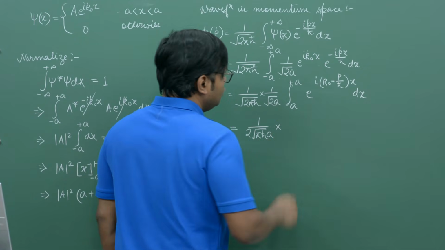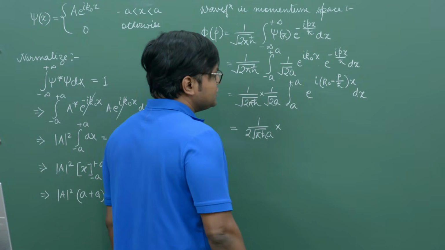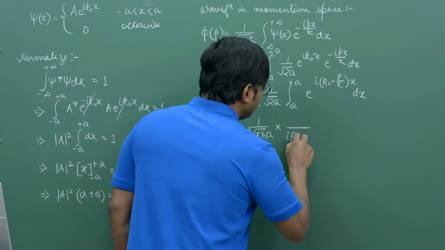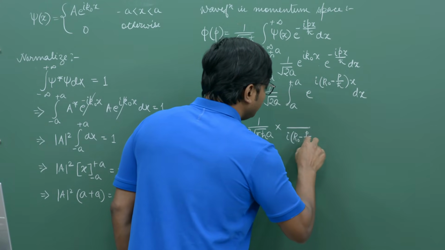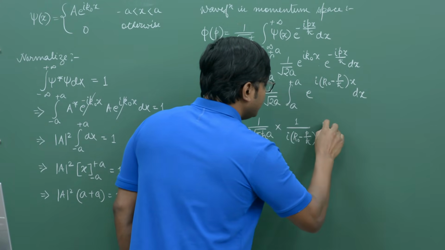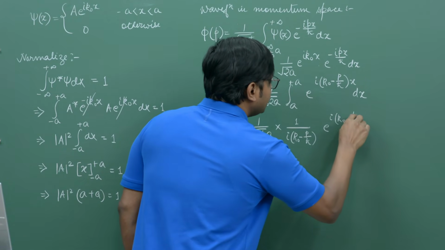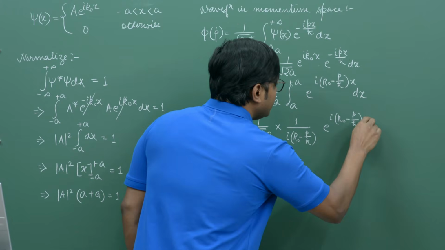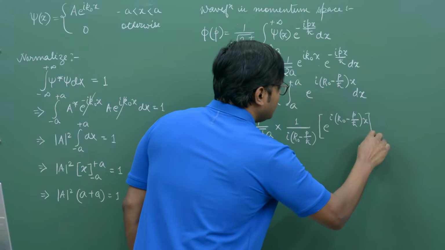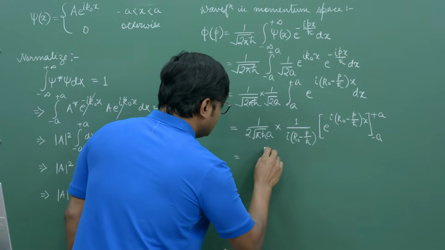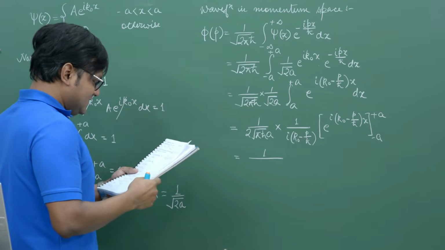This is going to be equal to, if I do an integration of an exponential function, I should get here 1 upon iota k0 minus p upon h cross, and e to the power iota k0 minus p upon h cross x between the limits of minus a to plus a. Again I have to simplify this whole expression.